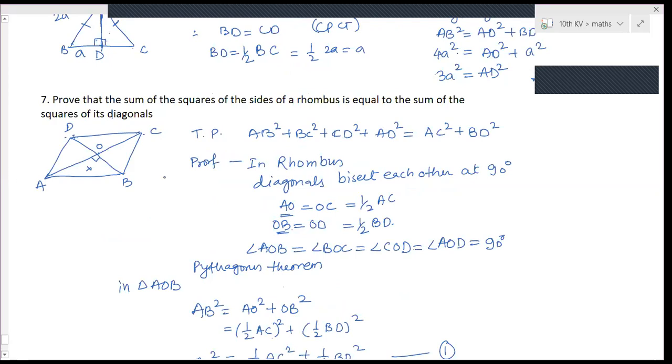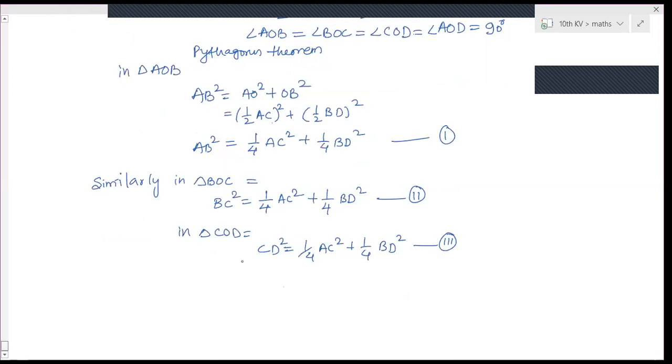So again it will become the same thing. We are writing for all four triangles the same thing. And then triangle AOD, AD square is equal to 1/4 of AC square plus 1/4 of BD square. This is the fourth one.